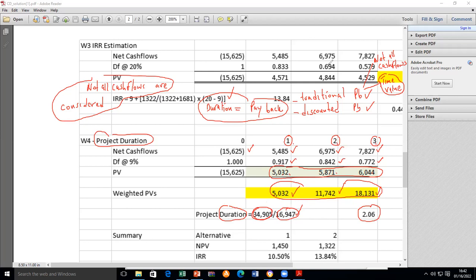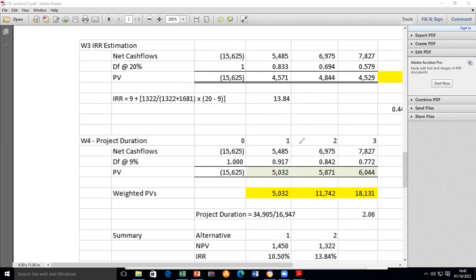Some of you may say, please, Mr. Piri, do that again. To calculate project duration, what do you do first? You take your project cash flows and discount them. You get your present values and you add these up.